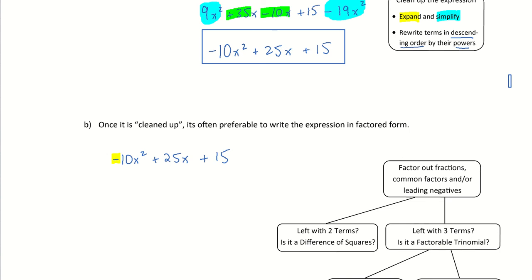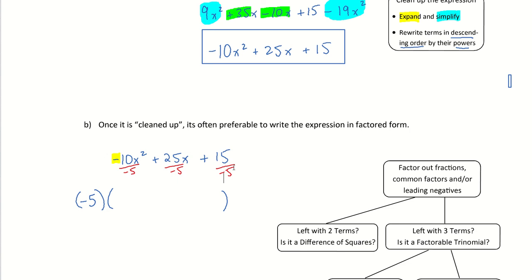So I'm not going to just take out a 5, I'm going to take out a negative 5. When we factor out a common factor, we're taking that common factor out front and dividing each term by that value.